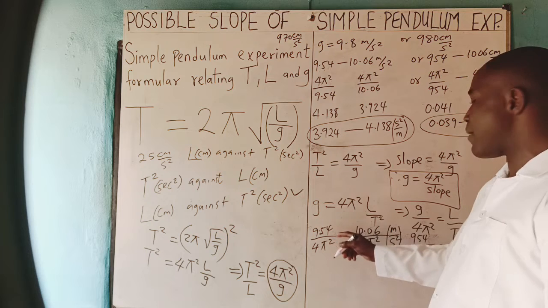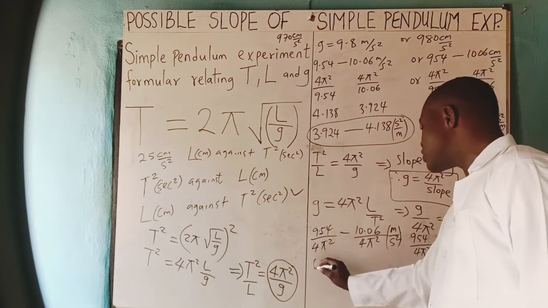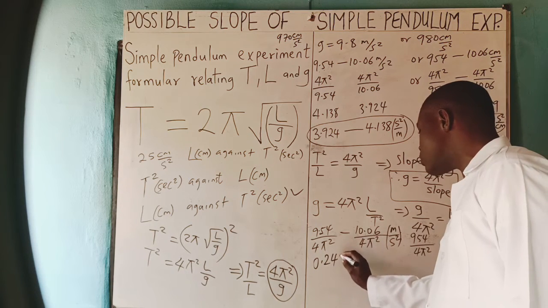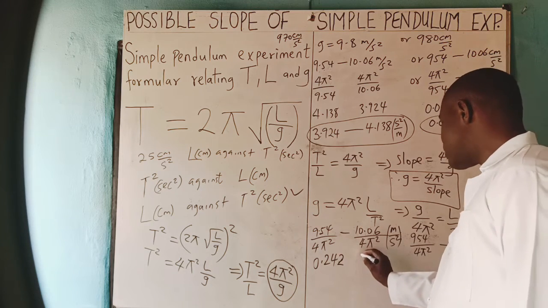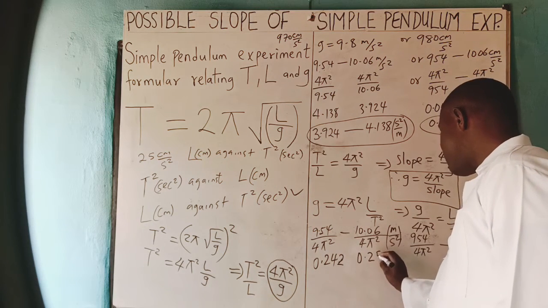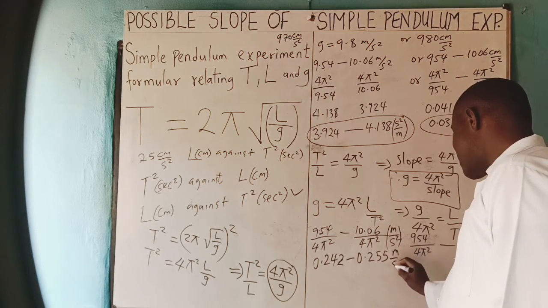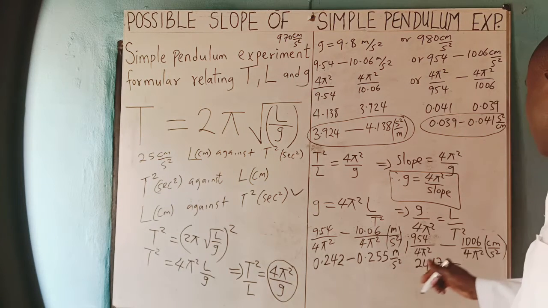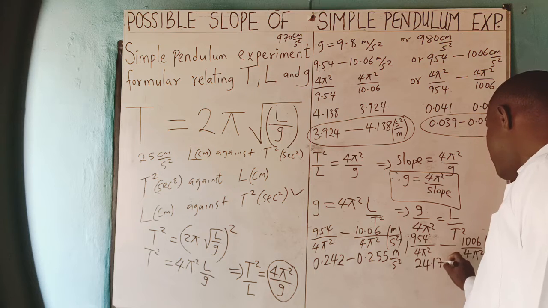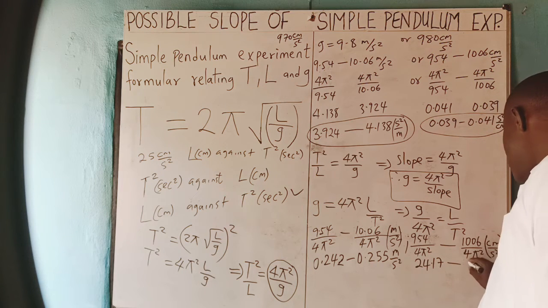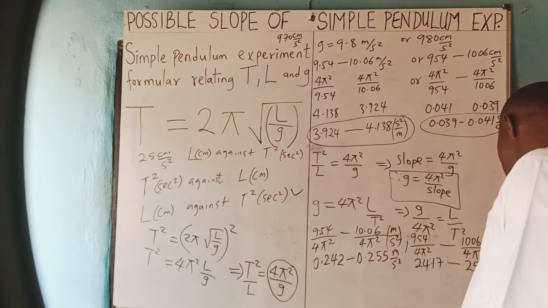Then for the one of 9.54 in terms of meter per second square, we'll be having 0.242 and 0.255. So that is in meter per second squared. For the one of centimeter per second square, this is 24.17, and for this one, this is 25.48.